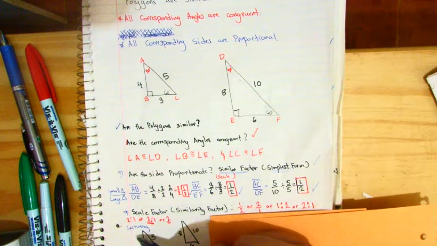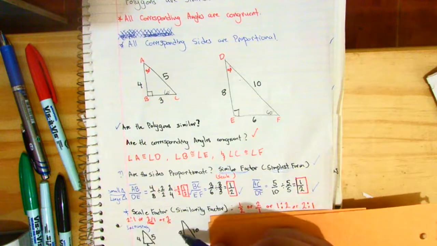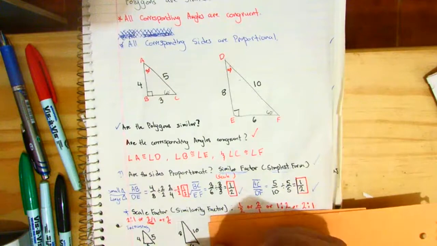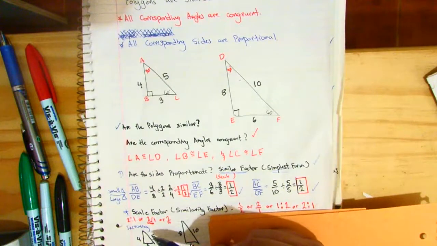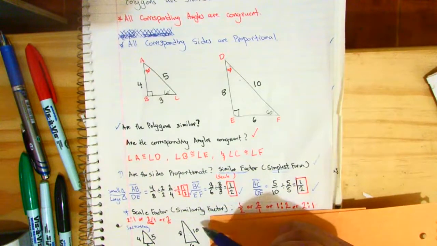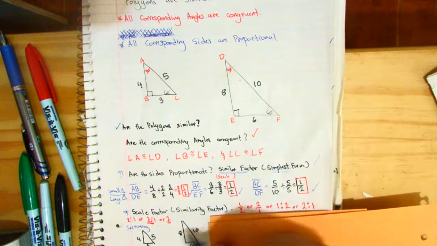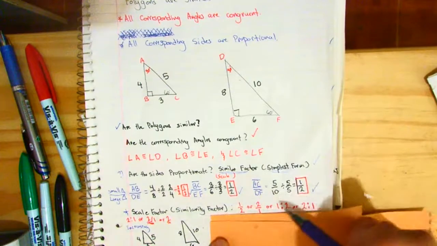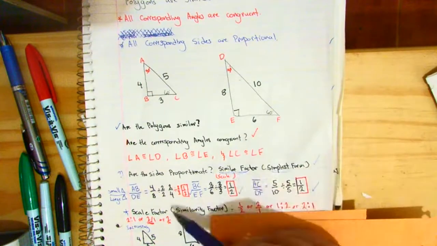So you multiply 4 times 2, you get 8. You multiply 3 times 2, you get 6. You multiply 5 times 2, you get 10. You see how they increase in scale based on the scale factor that we found.